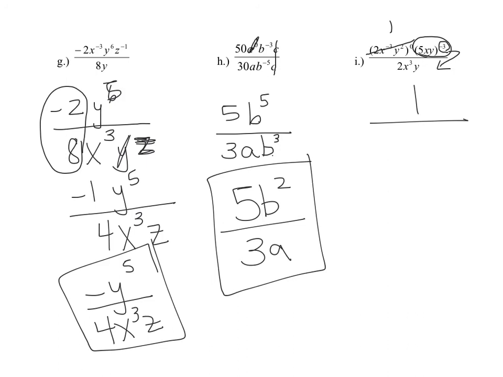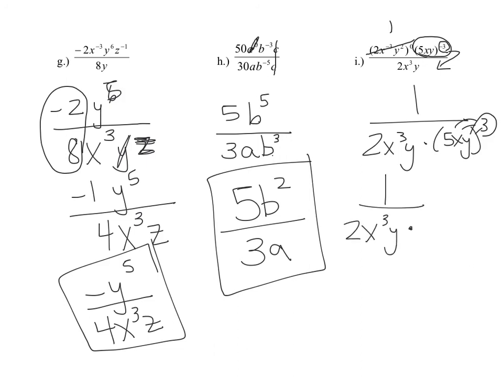All right, so now down at the bottom, I'm going to have 2x to the third y times 5xy to the positive third power. All right, and so now I'm going to bring in that 3 out there. So I'm going to have 1 over 2x to the third y times 5 to the third is 125.